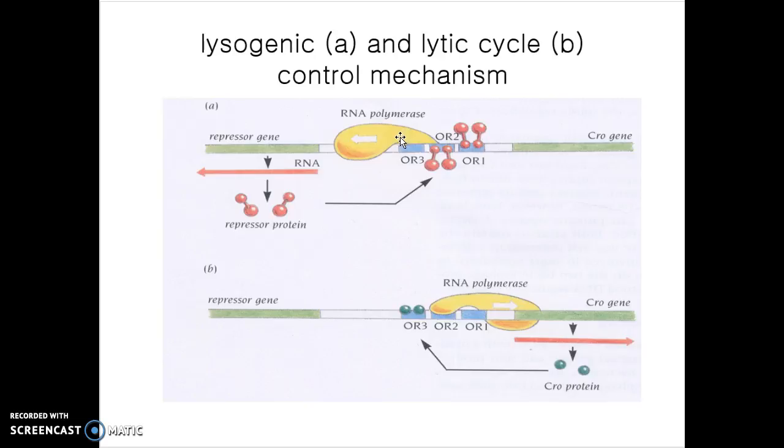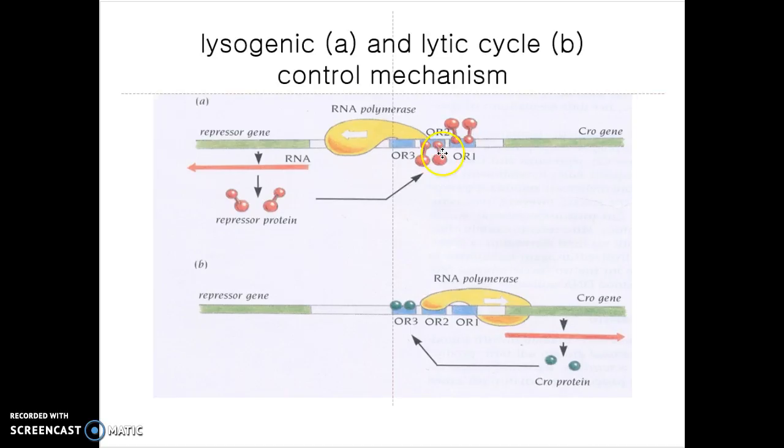The repressor binds to OR1 and OR2, thereby turning off synthesis of the Cro gene. The repressor also works as an activator for its own promoter by facilitating RNA polymerase binding to the repressor promoter through its binding to OR2.